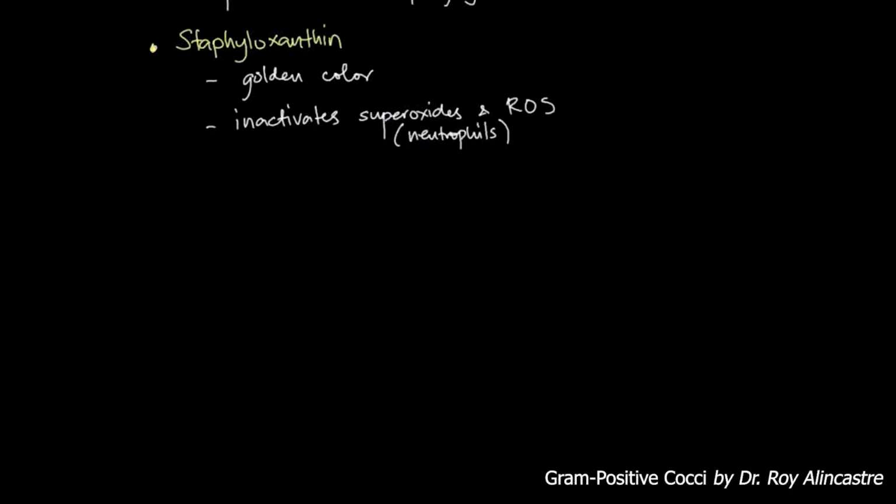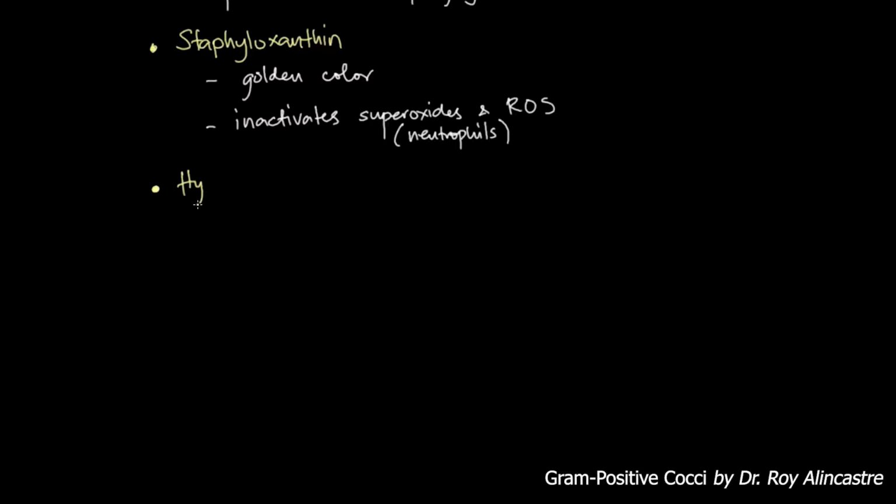This is not produced by Staph epidermidis. That's why they only produce white colonies, not gold. And maybe that is also why they are even less virulent than Staph aureus.